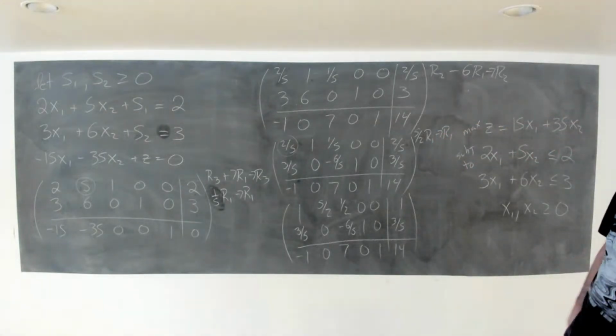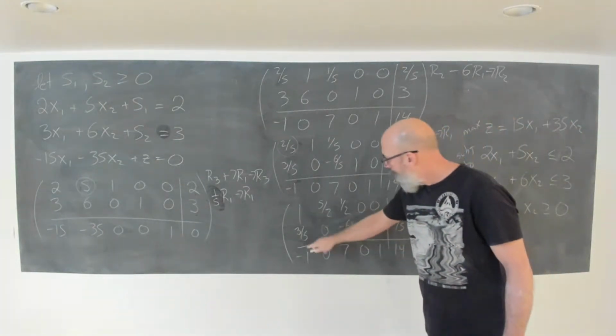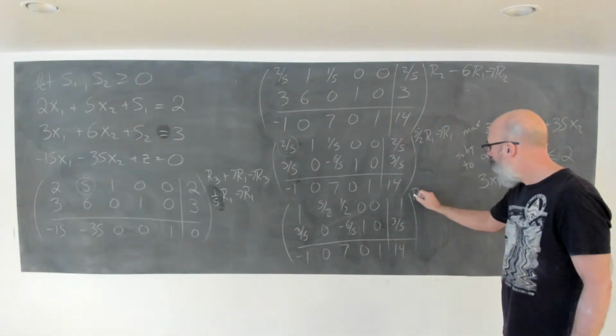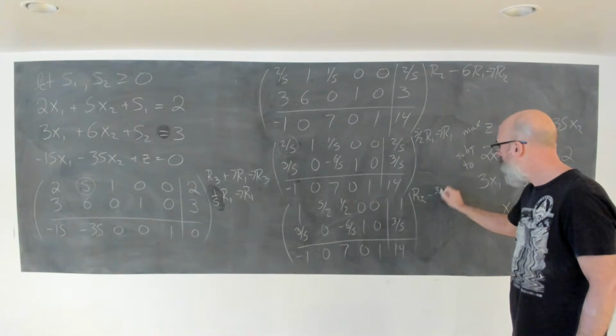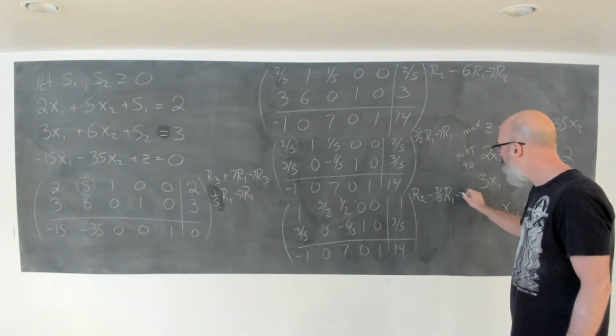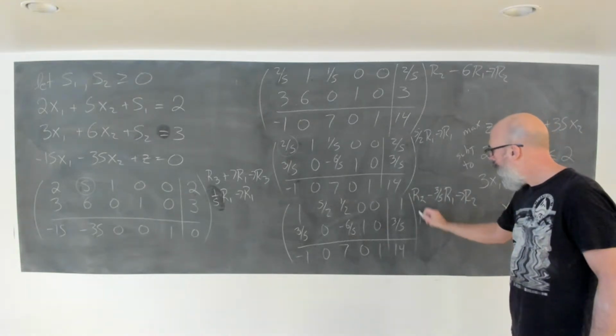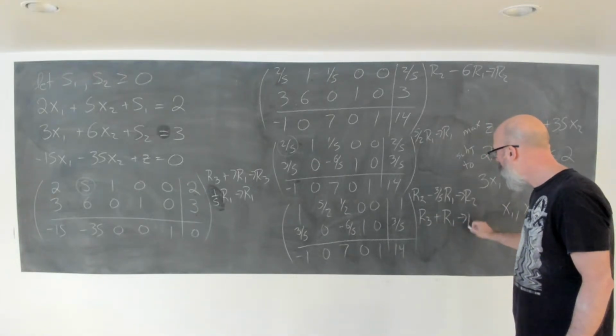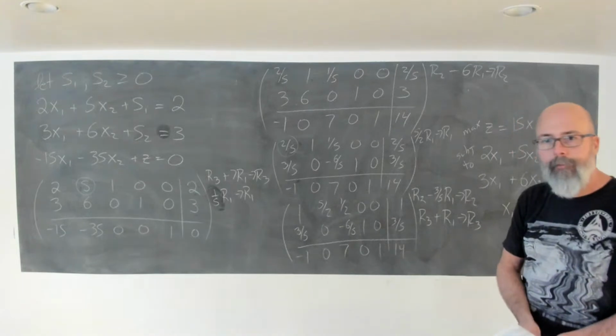All right. And let's use this 1 to clear out the column. Row 2 minus 3 over 5, row 1 for row 2. And row 3 plus row 1 for row 3.